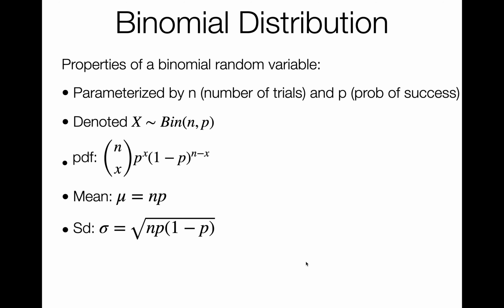It has, and this really should say PMF instead of PDF, it has a PMF of this form. For the normal distribution, there was really no way to talk about why that formula was the way it was, other than somebody brilliant came up with it at some time.